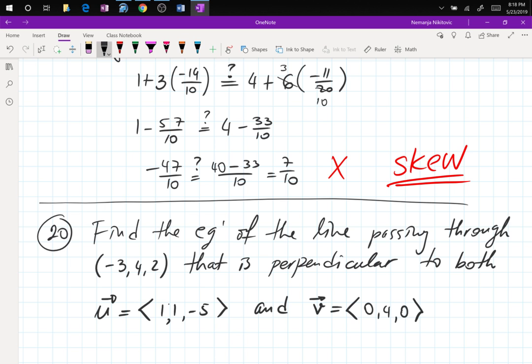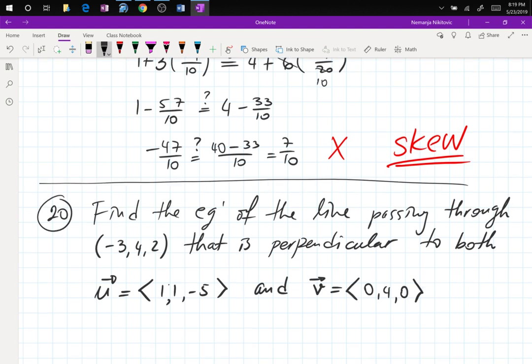So the cross product between vectors u and v will give you the direction vector that you want, and then you just shoot that vector through your (-3, 4, 2), which is your x0, y0, z0. So all we need to do is that cross product.